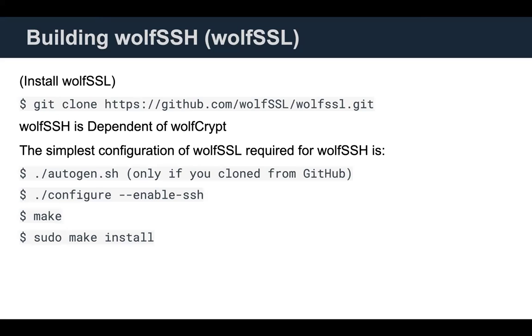You'd run autogen.sh if it was cloned from GitHub. If it's downloaded from the wolfSSL website, it would just be the last three steps here, which is configure --enable-ssh, make, and then make install. The enable-ssh is going to get you the base build just for the wolfSSH library itself. When you start adding in additional stuff like the X509 certificate support, you need additional enable options.